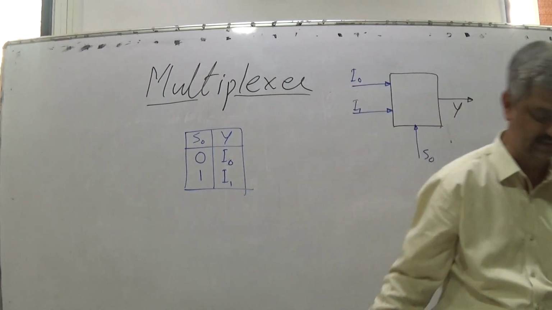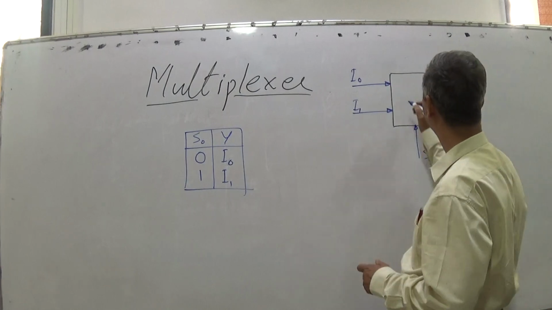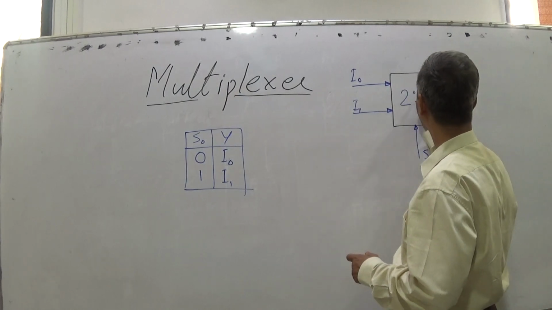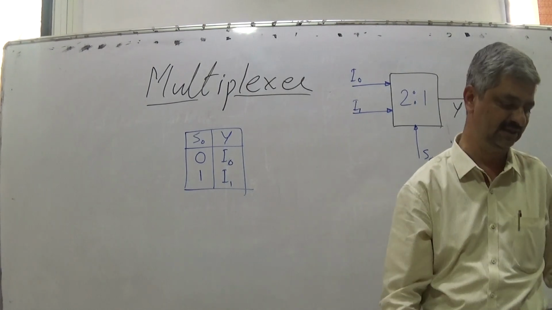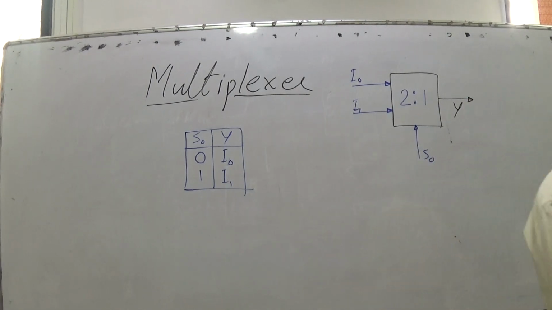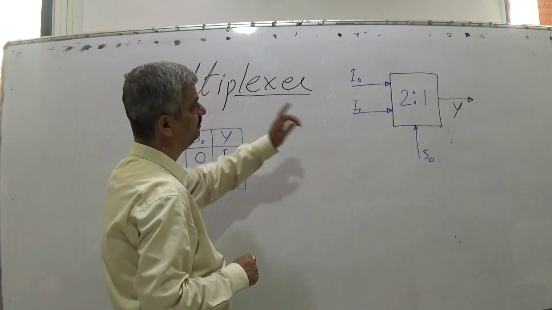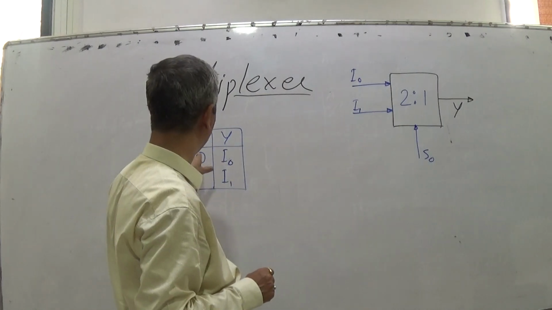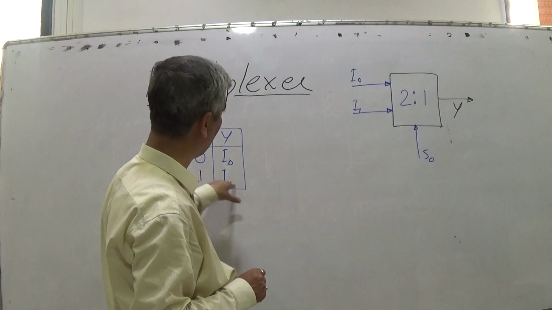How many input lines are there? 2. So this is called a 2:1 multiplexer. Depending upon the select line, which input appears on the output is decided. So if S0 is equal to 0, Y is I0. If S0 is equal to 1, Y is I1.